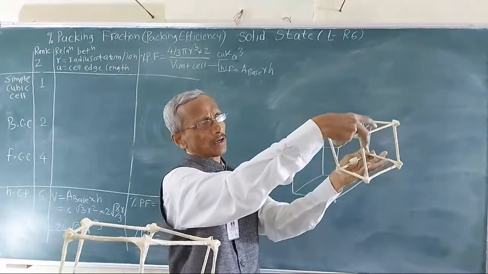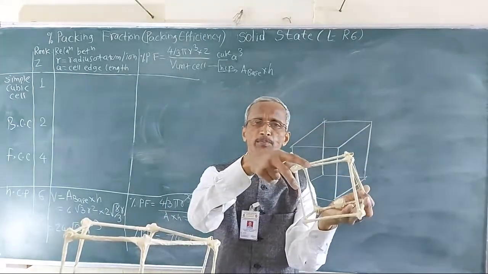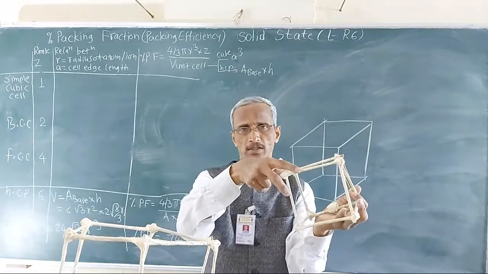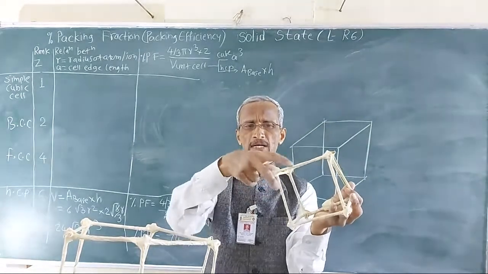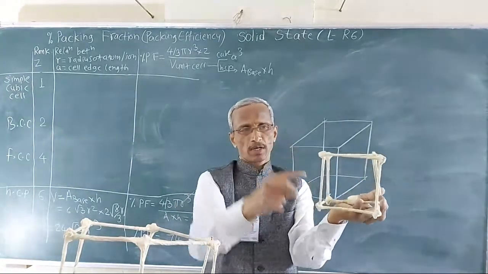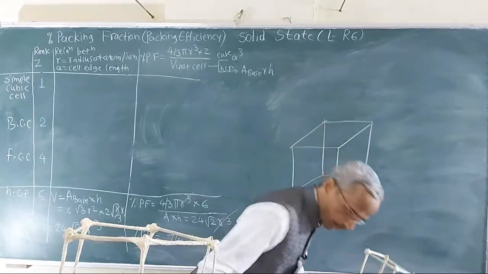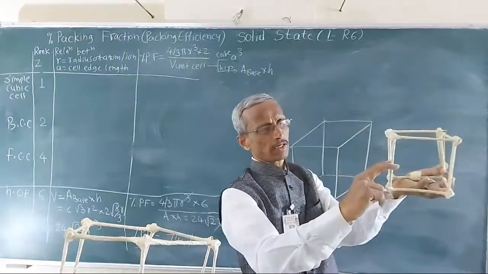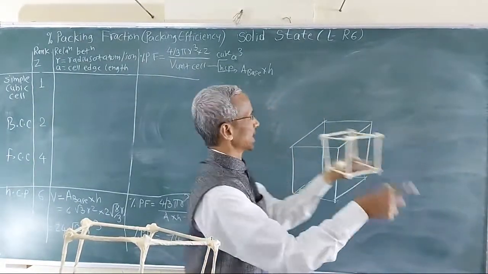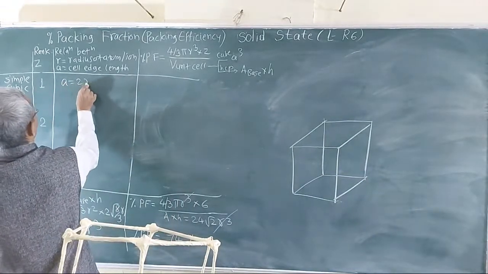Here is one atom or ion. Generally, in ionic compounds, the bigger size ions, that is the anions, are bigger in size than the cations. So this is one of the ions, and this is twice r. So a is equal to twice r.